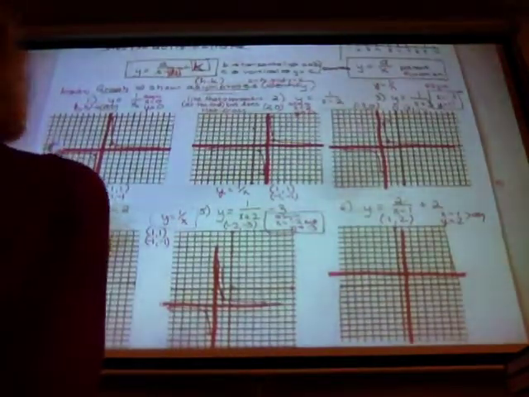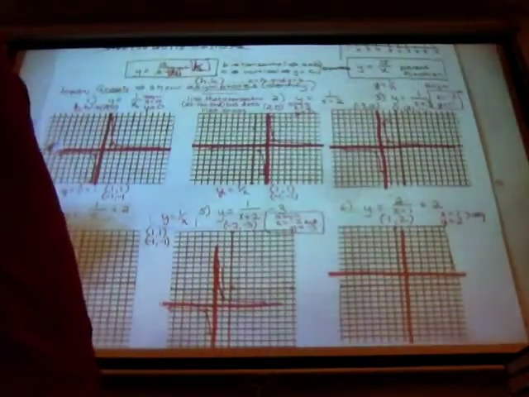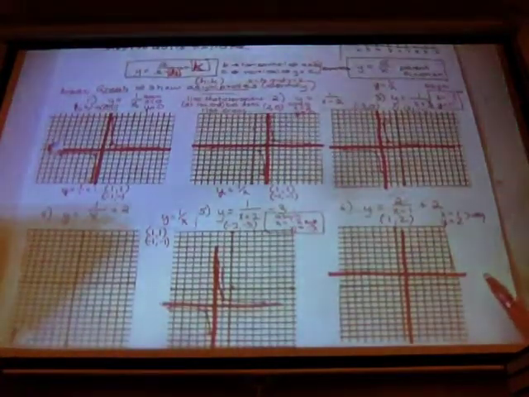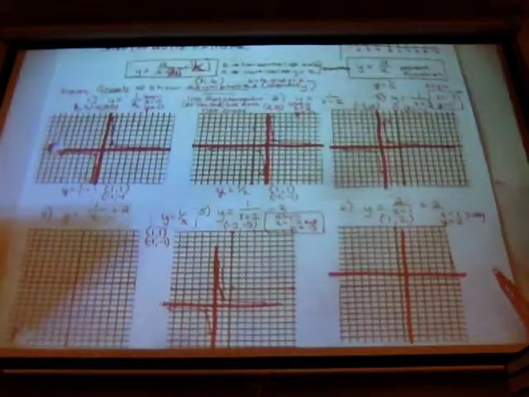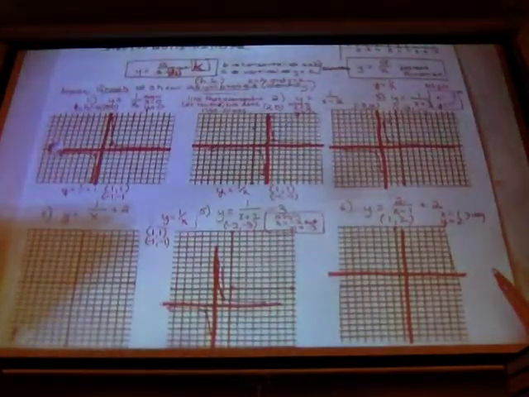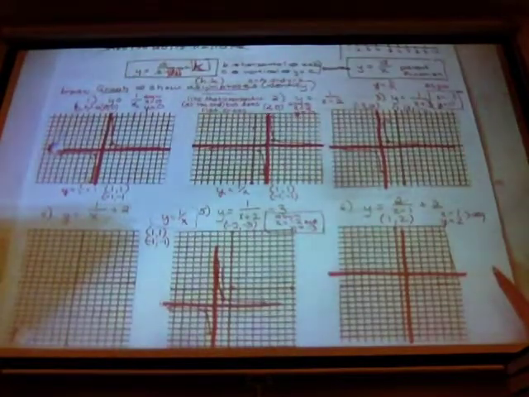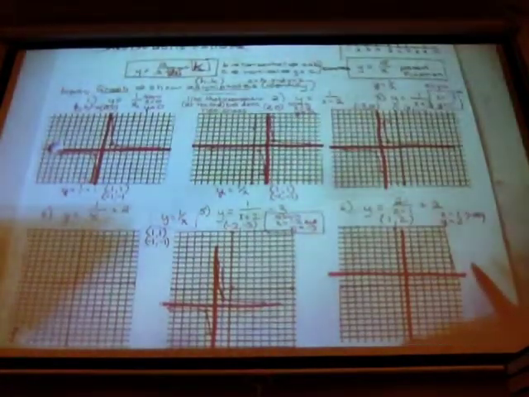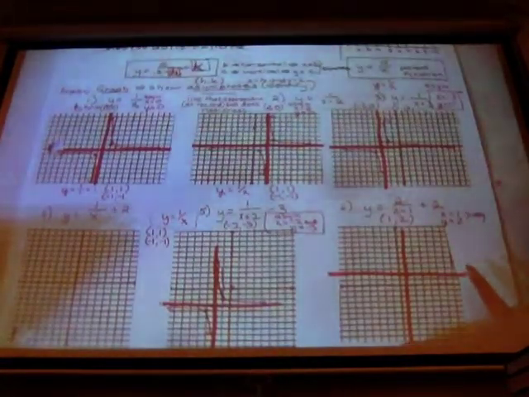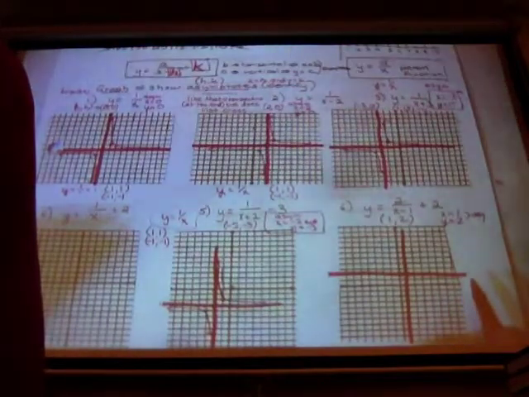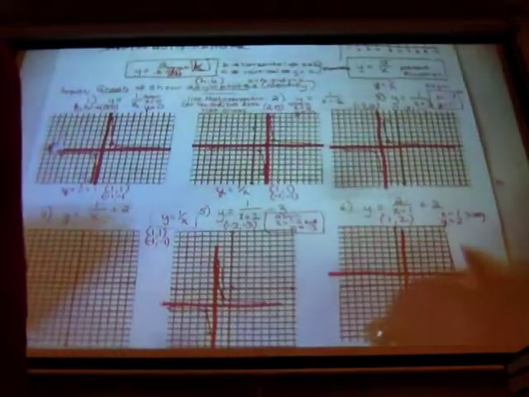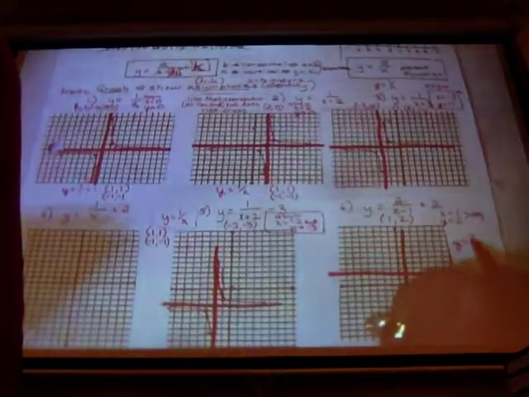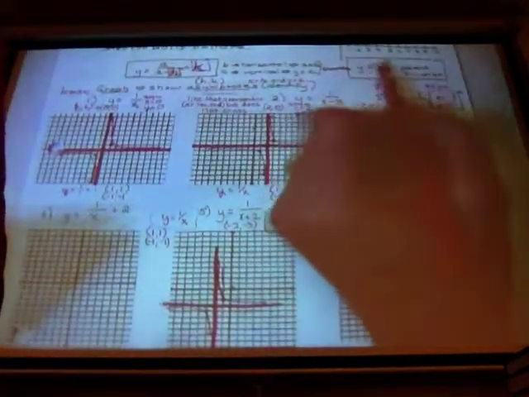Now, Hazim, what is my parent function on number 6? Safa? Adam? Y equals 2 over x. Right here.